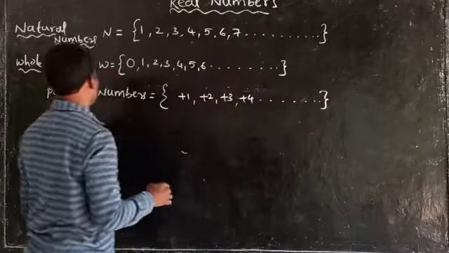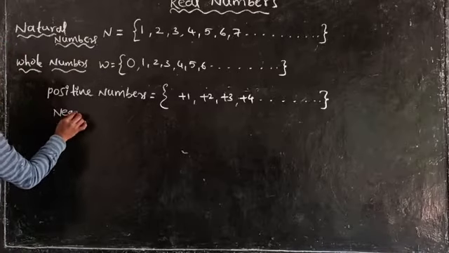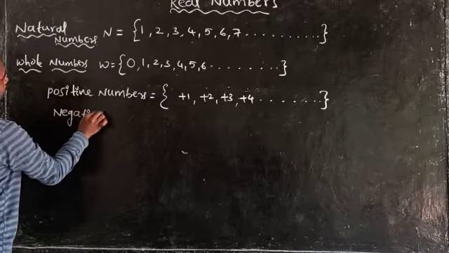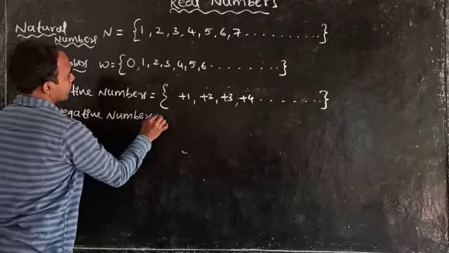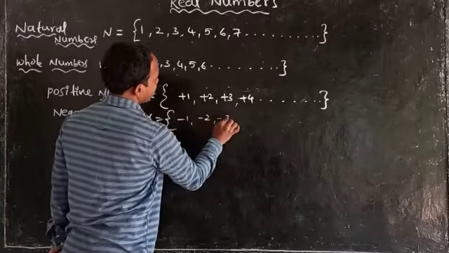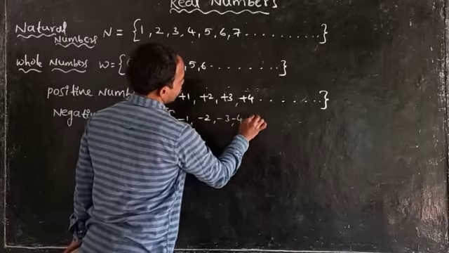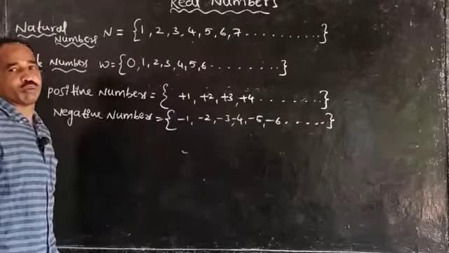This is the positive numbers. And also we have negative numbers. That is the set of minus 1, minus 2, minus 3, minus 4, minus 5, minus 6. This is the set of negative numbers.